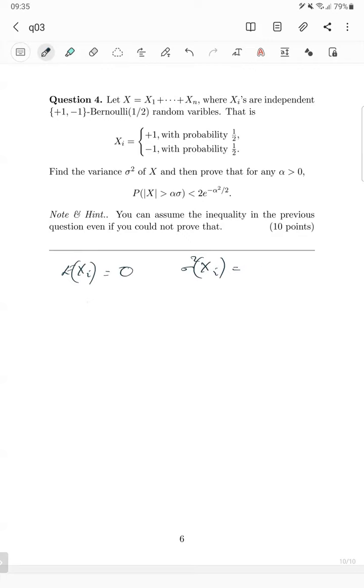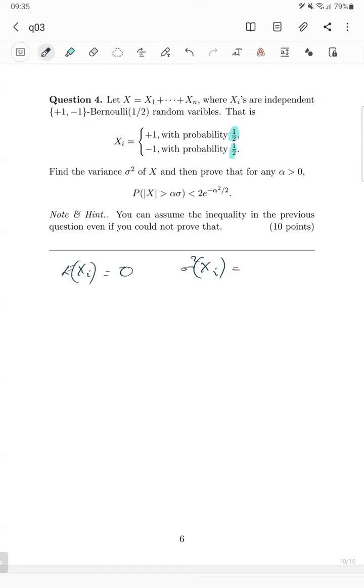I wrote 1 by n squared summation of i to n of p times 1 minus p. No, first of all, there is no p here, because we are given half and half probability. I was confused, sir, so I wrote the formula directly.